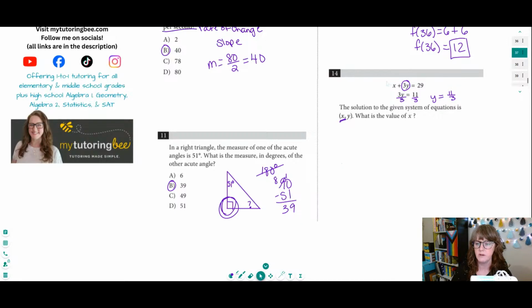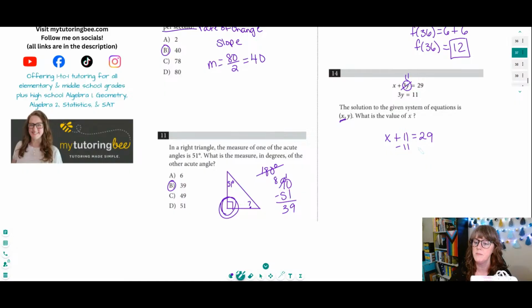So we really don't even have to do all of that extra work. If 3y equals 11, then 3y equals 11 in this equation too. And then that gets rid of the y term and just has an x in that equation, which we can then solve. So now all we have to do is write x plus 11 equals 29 and then solve for x.